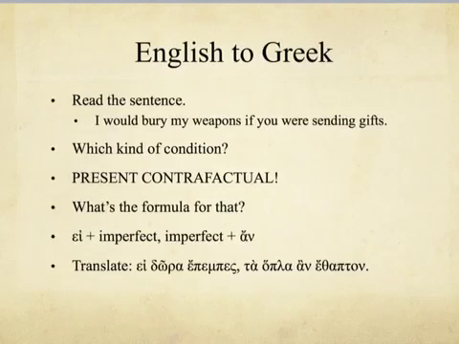If you were sending gifts, I would bury my weapons. Okay, but once again, you cannot go straight to your verb in order to translate that, because if you just translated them literally as imperfects, you would get, if you were sending gifts, I was burying my weapons, and that's really not what the Greek conveys.